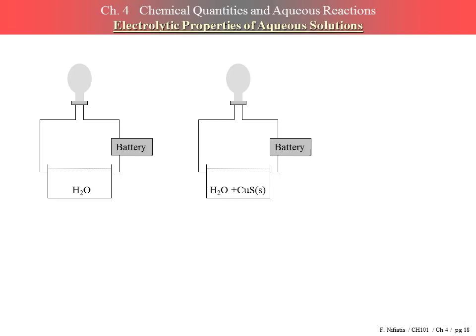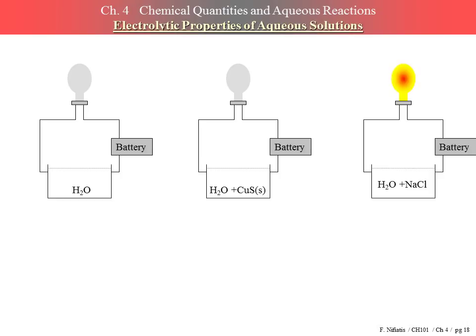As soon as I put the copper sulfate in, it will deposit at the bottom of the flask. So here we are going to have the copper sulfate, and here we are going to have water. A pure substance here and a pure substance here. That's a heterogeneous mixture. Well, the bulb doesn't light either.